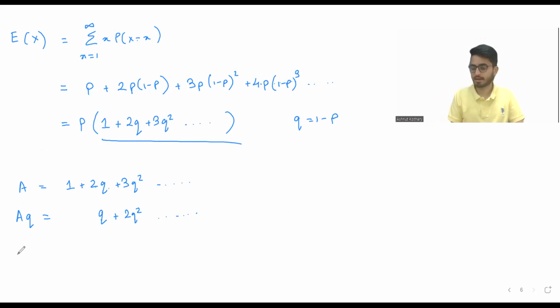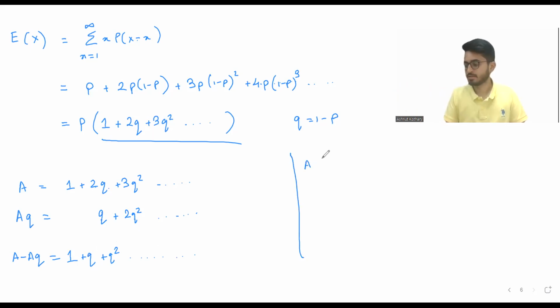Now if I subtract A minus Aq, we compare the terms having common powers of q. 1, 2q minus q, 3q square minus 2q square, and so on. I hope you must have recognized the pattern. It's going to be 1 plus q plus q square plus q cube, and so on.